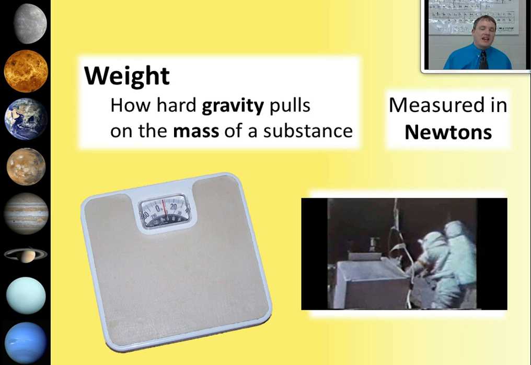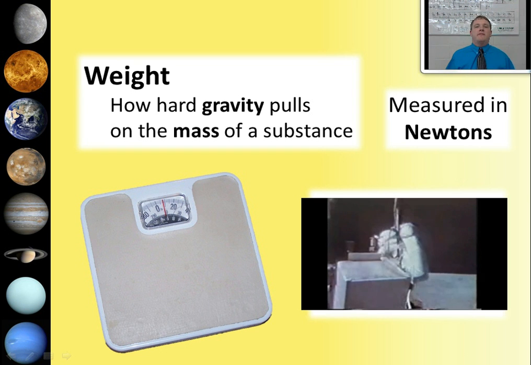The mass of these astronauts didn't change just because they went from the Earth to the moon. The amount of matter packed in them wouldn't change, right? Logically, the amount of matter packed into an object is going to stay the same regardless of where it is in the universe. However, gravity did change.